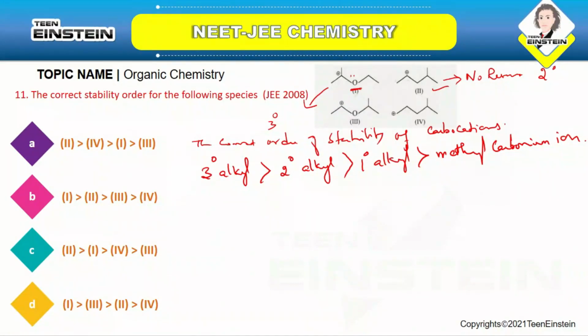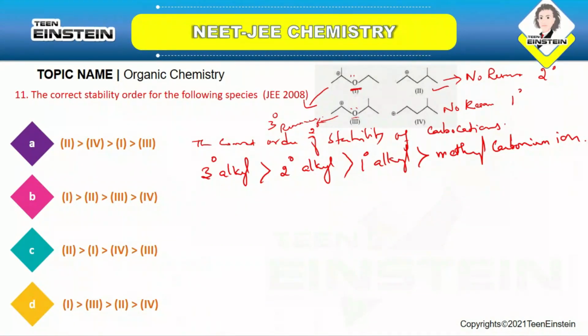Come to the third structure. Here the oxygen is there, which has lone pair of electrons, so it undergoes resonance, and it is a secondary alkyl group. Come to the fourth option. There is no resonance, and it is a primary alkyl group.